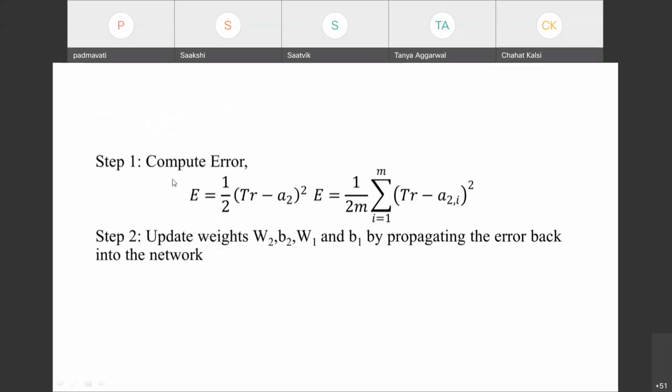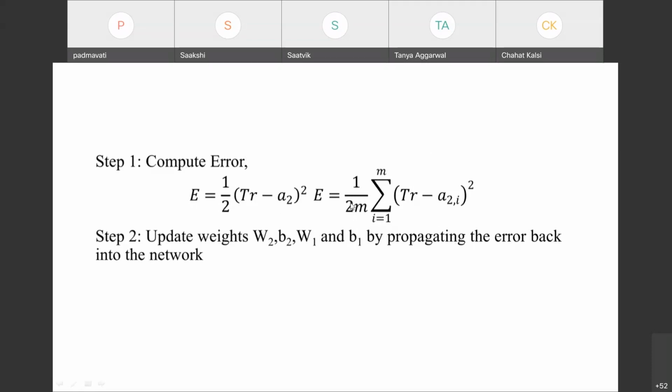So the first step in the backpropagation algorithm is computing the error. Once we have computed the error, this error I have shown in case we are computing for one data point. This I've shown as the error rate in case of multiple data points, if I'm trying to train my model with the help of n number of data points.